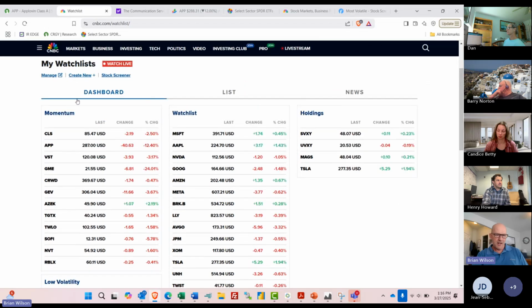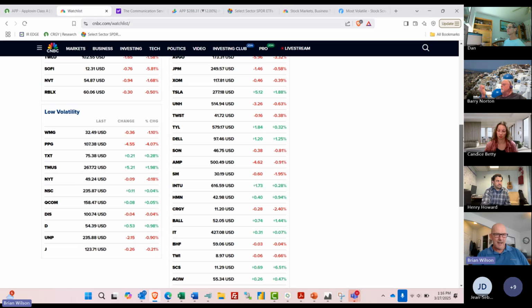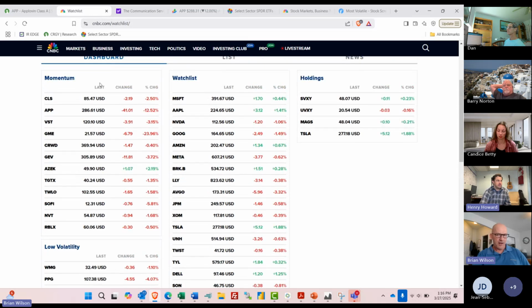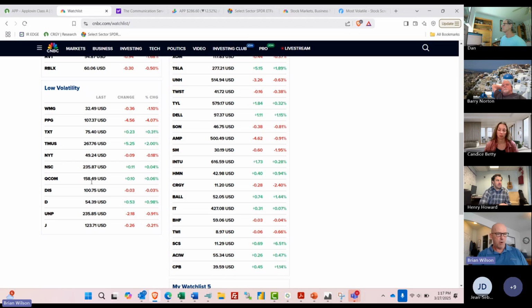These are some of our top names with momentum today. Tough day for momentum names, right? They've been a little difficult the last couple of days. Even though I prefer to trade momentum, for me personally, I think I'm going to shift to low volatility for a couple of days until we get a little bit better clarity in the market. I don't know if anything's happening in PPG today.